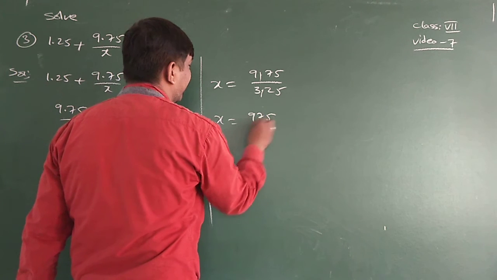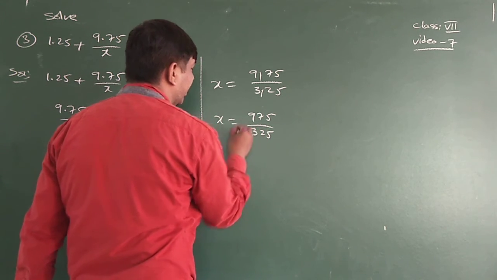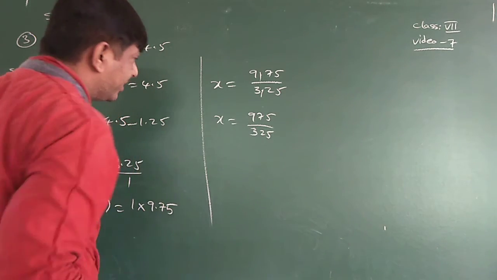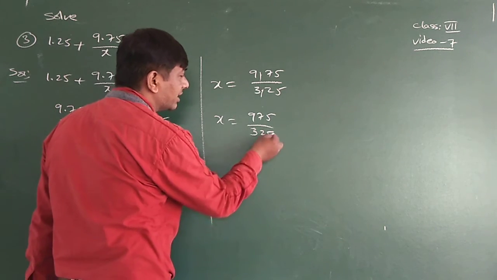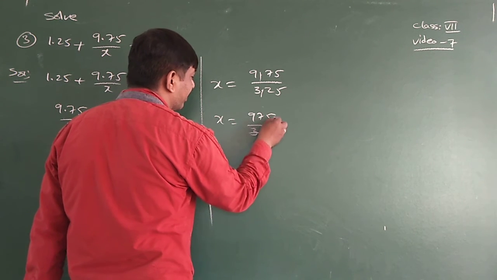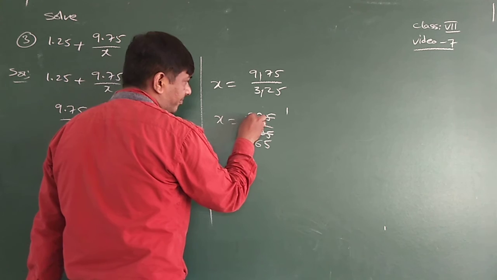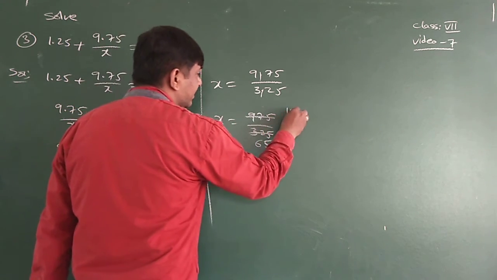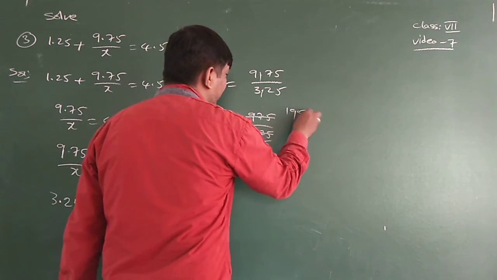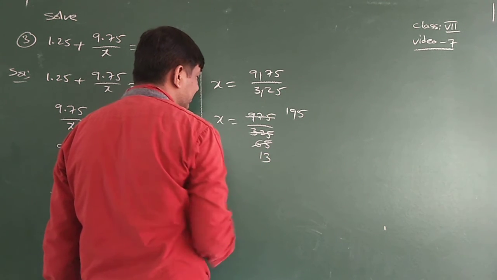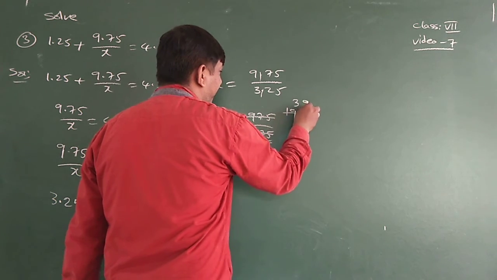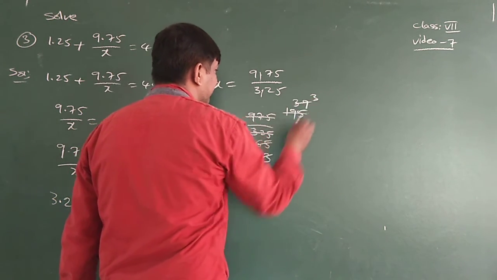That is 975 by 325. Now you can cancel. 325 3s are 975. If you still have any doubts about the cancellation with such a big table, go with the 5 table. 5 6s are 30, 5 5s are 25, 5 1s are 5; 5 9s are 45; 5 5s are 25; 5 3s are 15, 5 9s are 45. 13 1s are 13, 13 3s are 39.